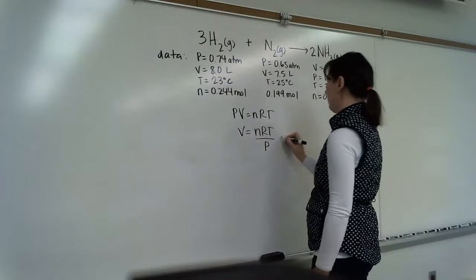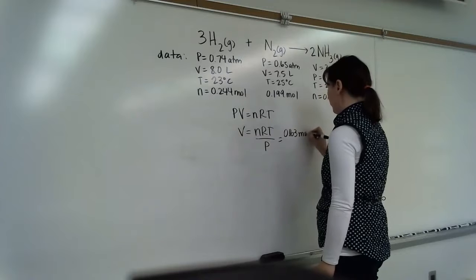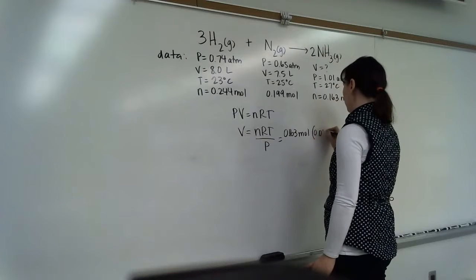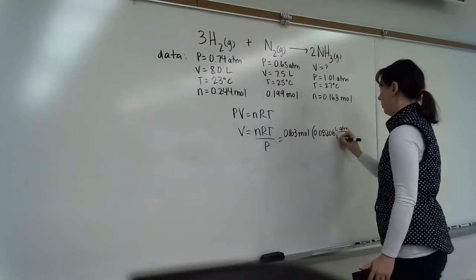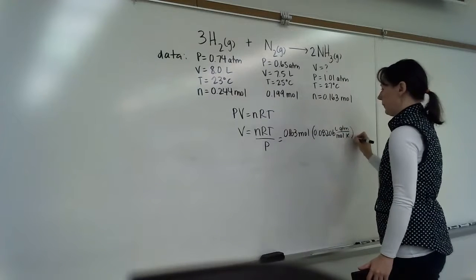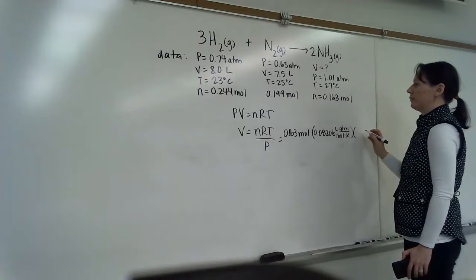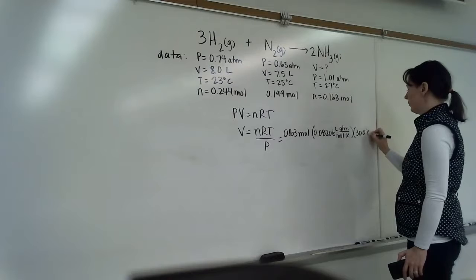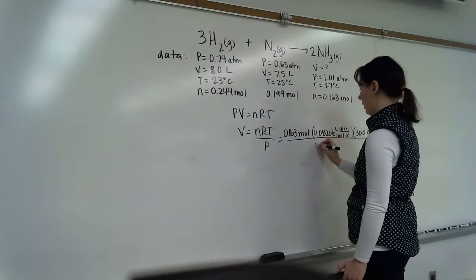So 0.163 moles. R is a constant, liter atmospheres per mole Kelvin, and then temperature. What would this be in Kelvin? 300, divided by my pressure, which is 1.01 atmospheres.